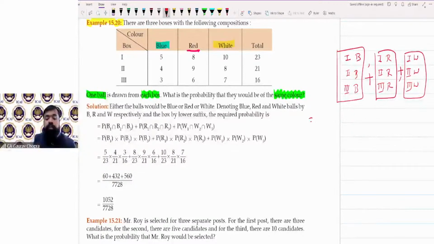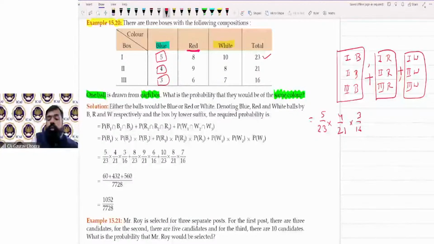So let us simplify the first case. Blue ball from first bag. So first bag is having how many balls? 23. And out of 23, 5 are blue. So we can write 5 by 23. From second, we are having 4 blue balls out of 21 and 3 blue balls out of 16.